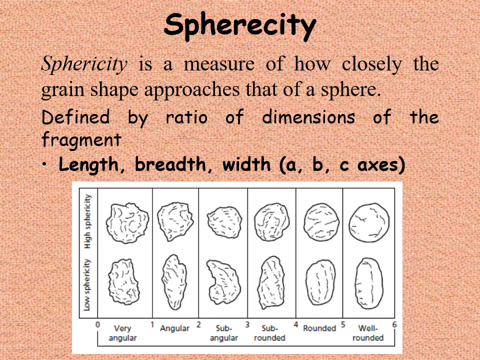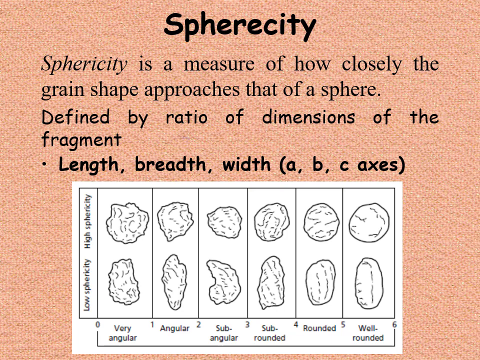Okay, so remember that roundness or angularity is observed in two dimensions, whereas for sphericity you have to observe in three dimensions. Under the microscope you will observe the roundness property, but sphericity cannot be observed under your petrological microscope because it is a thin section.